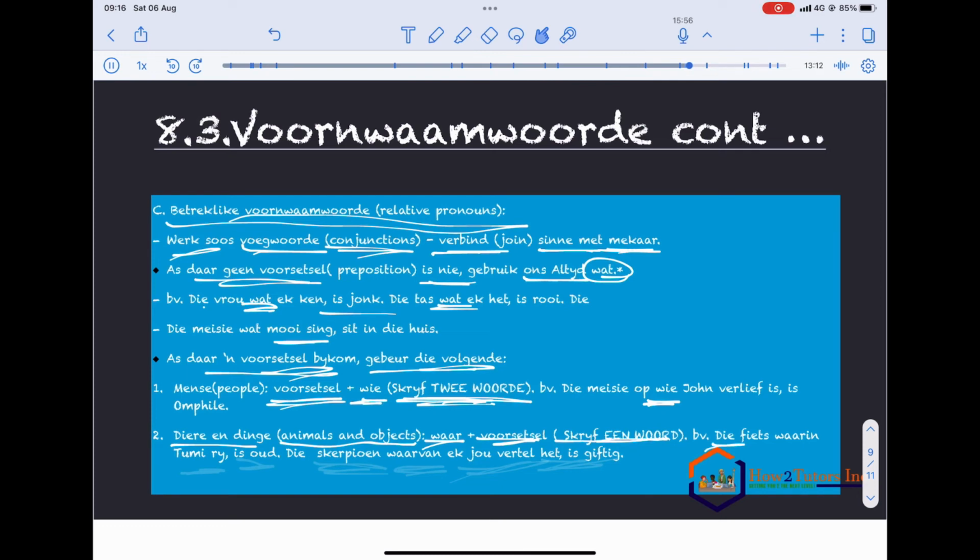Byvoorbeeld, die fiets waarin Toomie ry, is oud. The bicycle which Toomie rides is old. Volgende een, die skorpioen waarvan ek jou vertel het, is giftig. The scorpion that I was telling you about is poisonous.